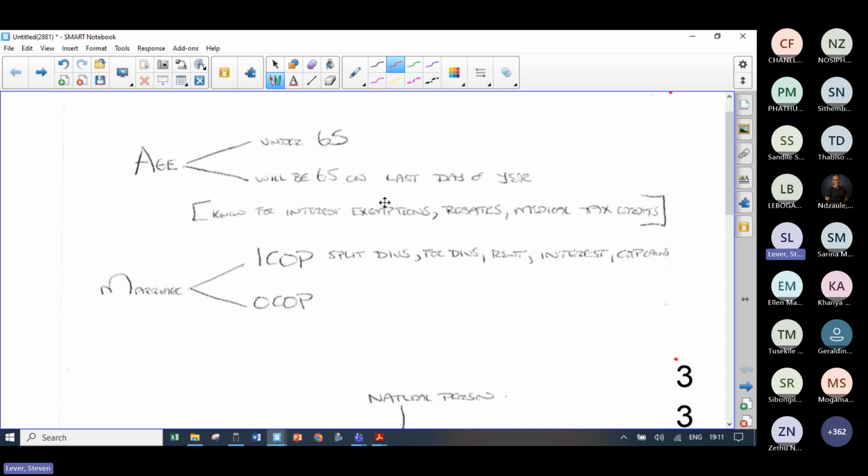Even if you never got to 65, because you would have been 65 on the last day of the year of assessment, you get both rebates. If you look in 10(1)(i) for interest, it says if you would have been 65 on the last day of the year of assessment. If you look at sections 5 and 6, where you've got the rebates, it says the same.